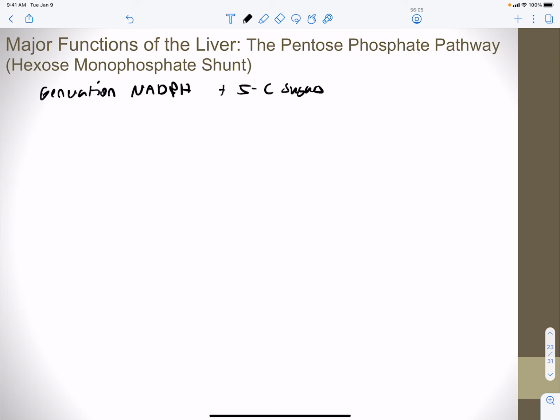It's because all cells need to produce NADPH. Your liver has a high need, similar to red blood cells, for NADPH so that you can keep glutathione reduced. And this is going to be important in protecting the membrane, especially from oxidative damage.